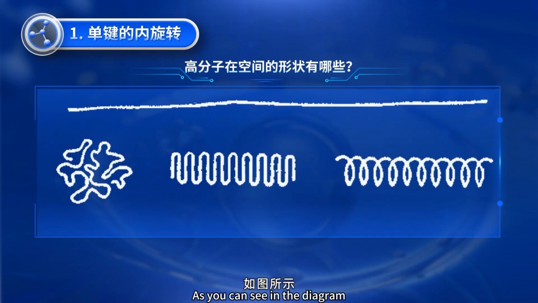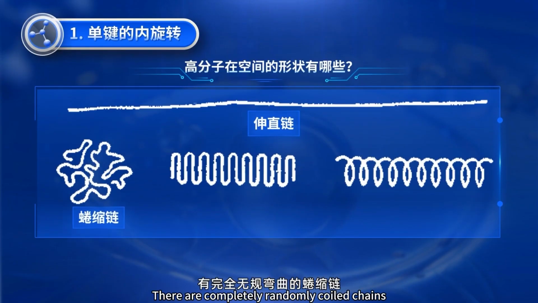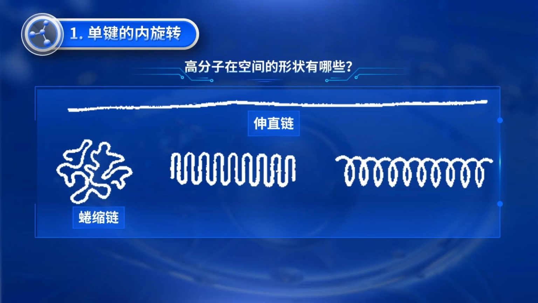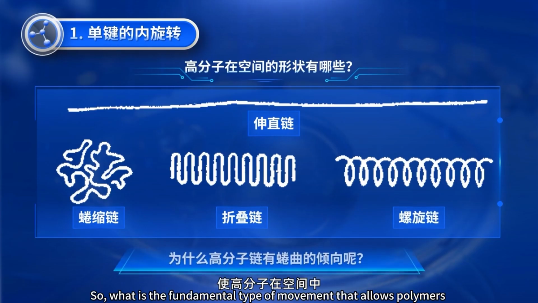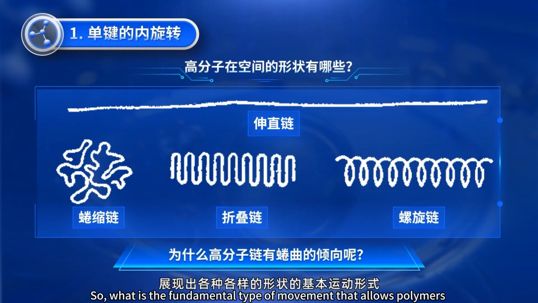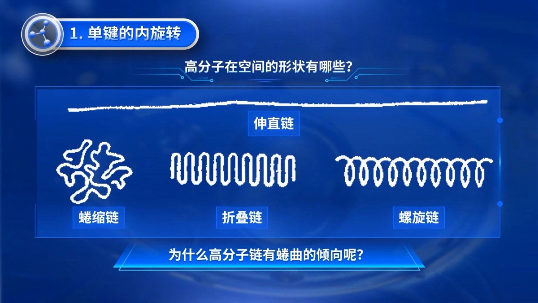As you can see in the diagram, there are fully extended, straight chains. There are completely randomly coiled chains. There are also regularly bent chains, such as folded chains, helical chains, and others. So, what is the fundamental type of movement that allows polymers to take on so many different shapes in space?